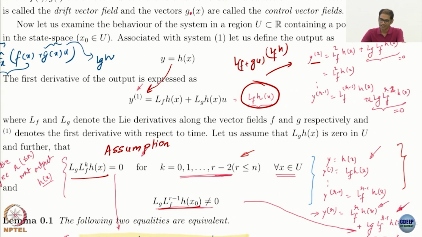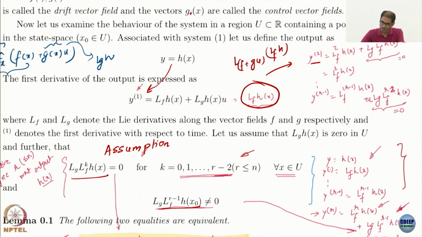You can work it out, it is very easy, because it is just the partial with respect to x and then you multiply by f and g. So this will be the second derivative.